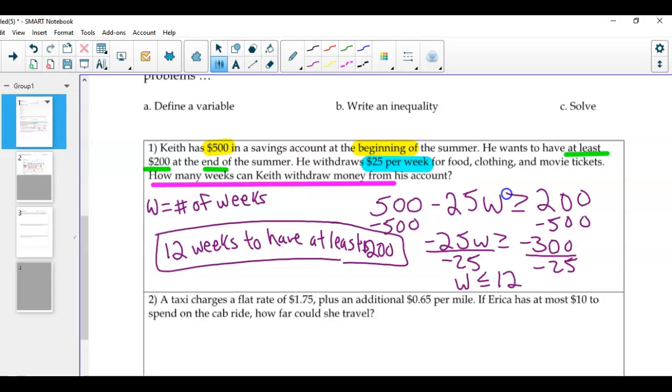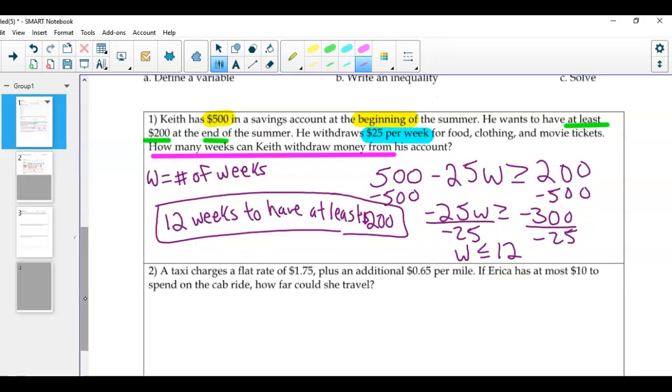All right, we're going to do one more of these, number 2. A taxi charges a flat rate of $1.75 plus an additional 0.65, or 65 cents, per mile. If Erica has at most $10 to spend on a cab ride, how far could she travel? So, important things: flat rate of $1.75. Flat rate means if you don't do anything else, they're still going to charge you that amount.